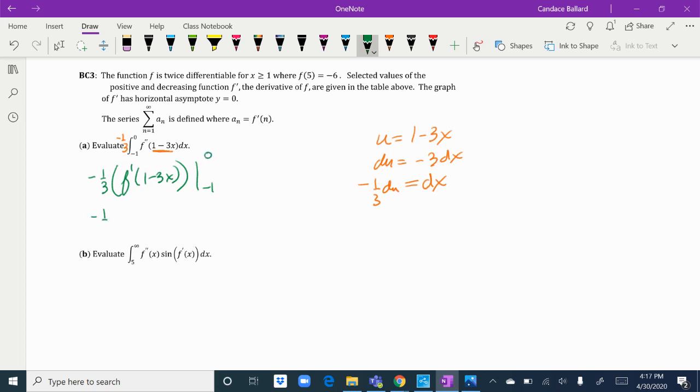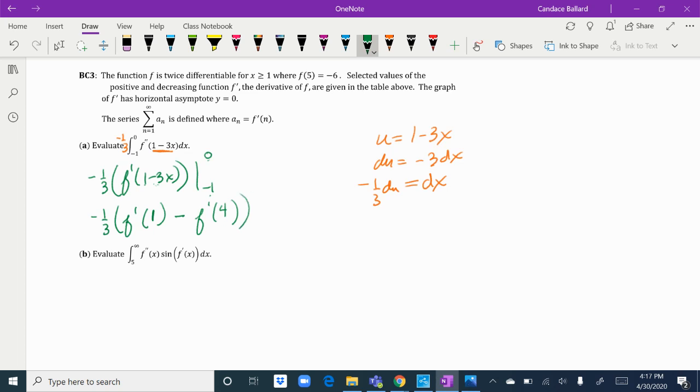So we've got -1/3 f prime of, putting in the 0 first, 1 minus 0, which is just 1, minus f prime, putting in the -1: 1 minus -3 times -1 is +3, so it's f prime of 4.